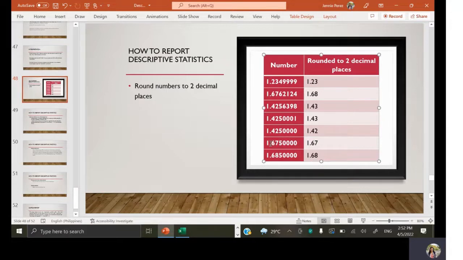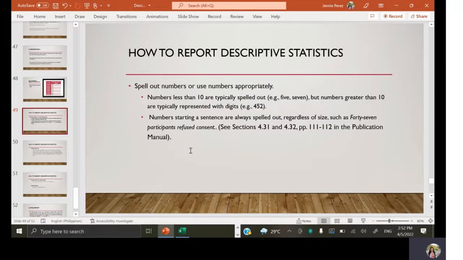So retain this as 1.67 because 5 is not followed by a number higher than 0. The same thing here. So you see the pattern? Okay, so that is the rule for rounding numbers. Okay, and you spell out numbers or use numbers appropriately.